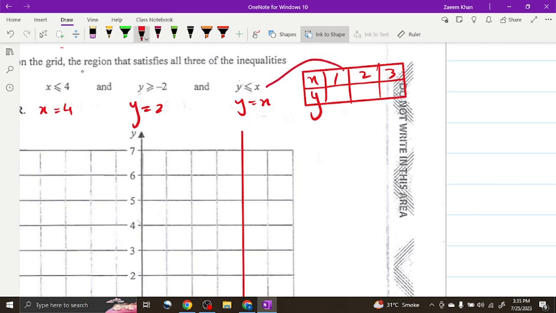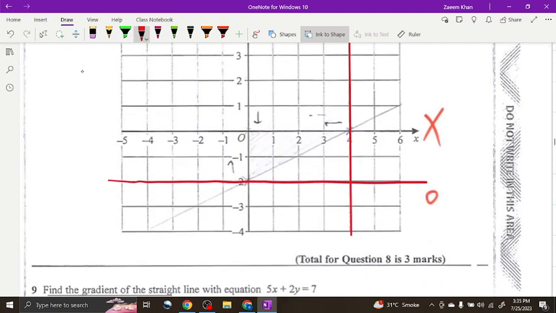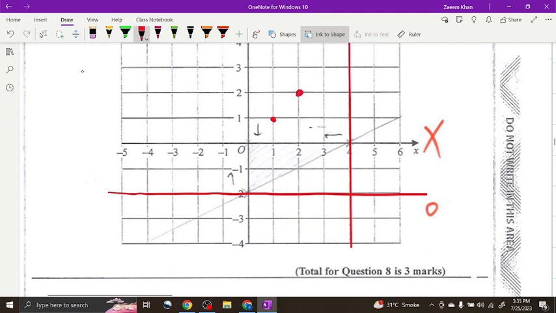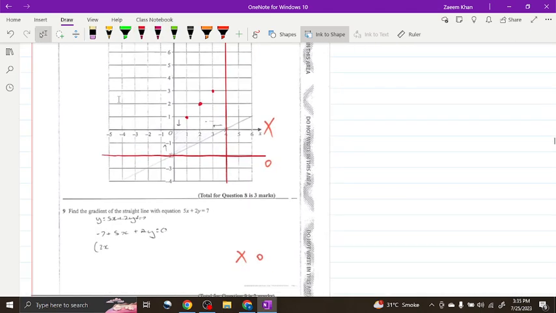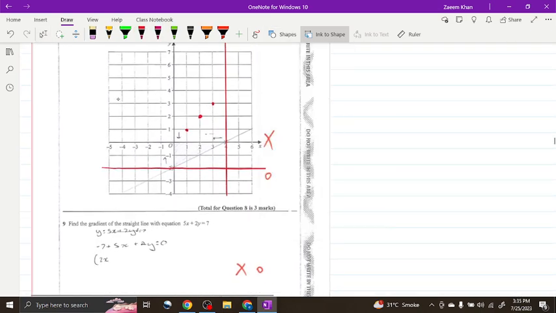If you plug in 1 for x, what do you get for y? y equals 2 for 2 and 3 for 3. It's going to be 1, 1, 2, 2, and 3, 3. It's just going to be a line rising from left to right and passing through the origin. Whenever you're unsure about what an equation would look like on a grid, just take 2 or 3 points.